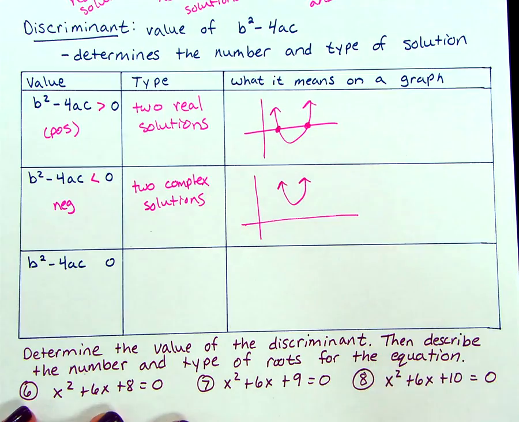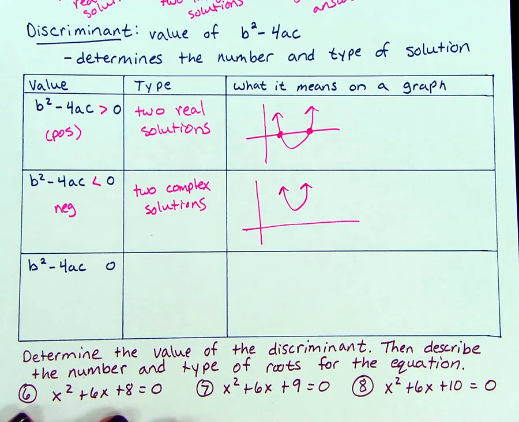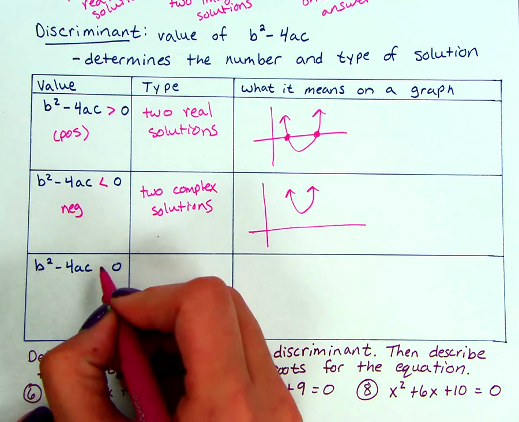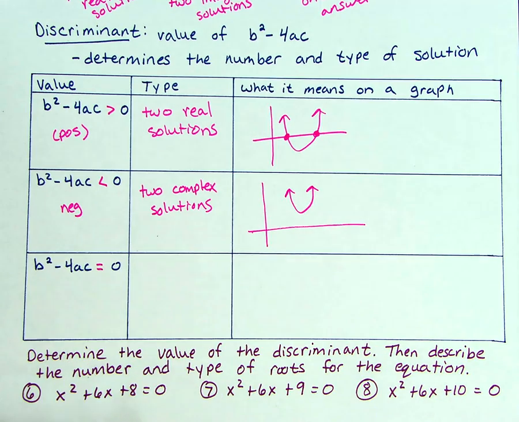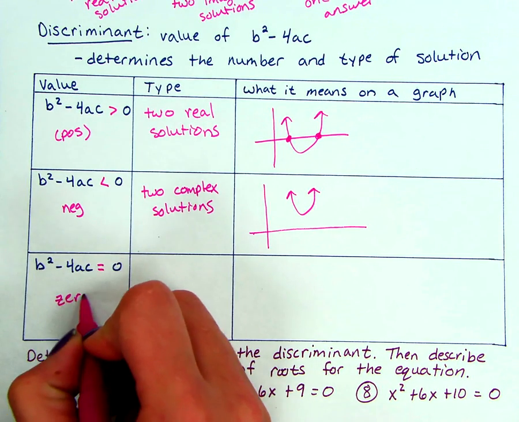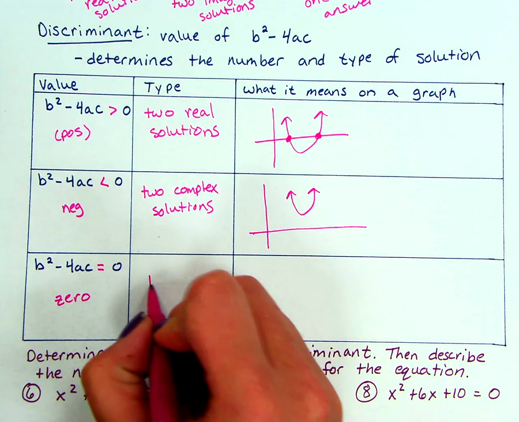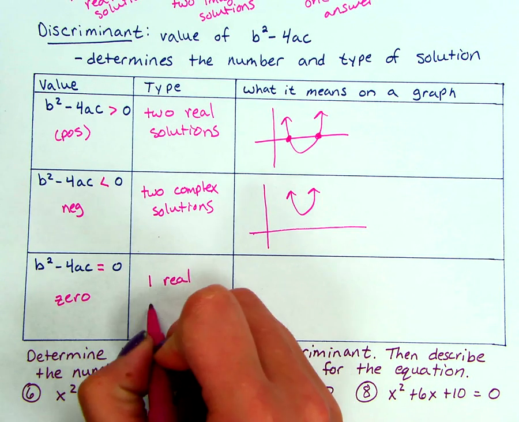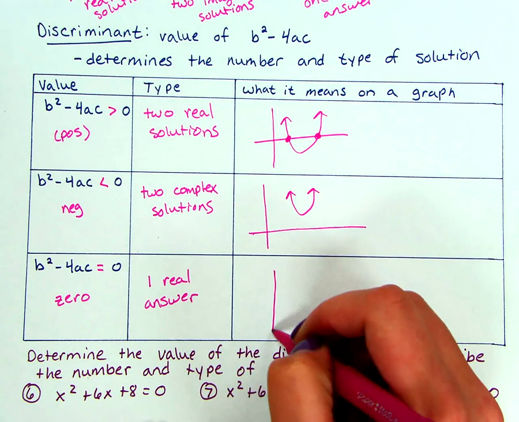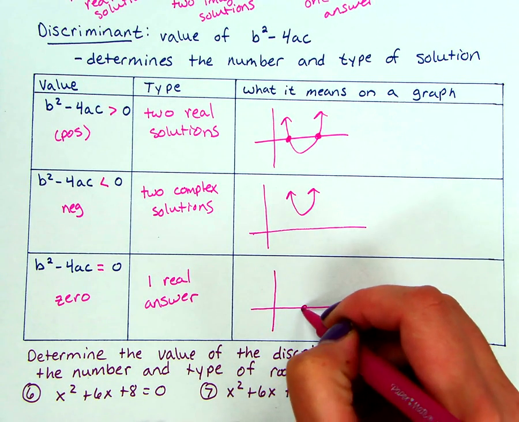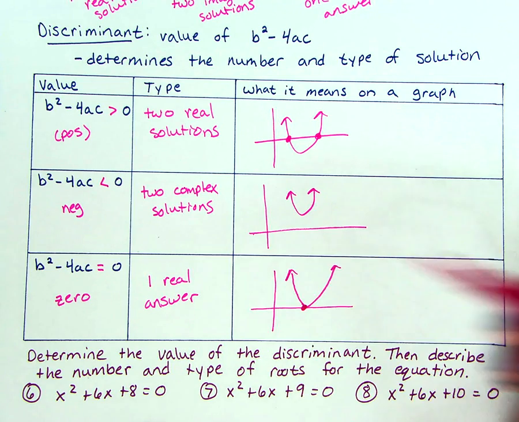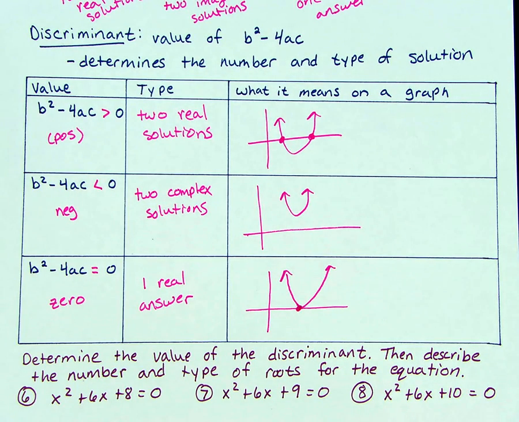So it's going to look something like this. And if our discriminant is equal to 0, we're going to have 1 real answer. So if we only have 1 real answer, that means that the vertex of our graph is sitting right on the x-axis. So it's going to look something like that.